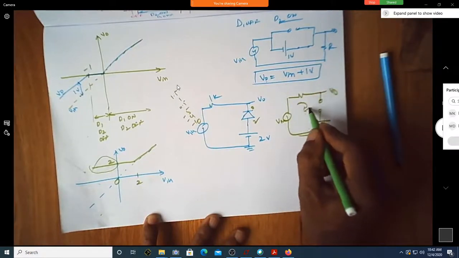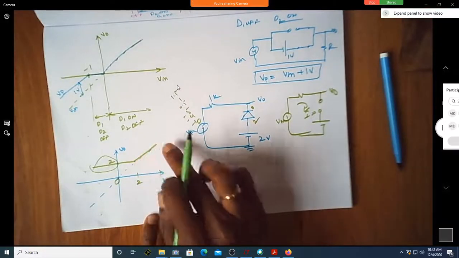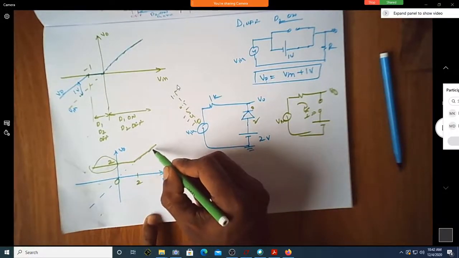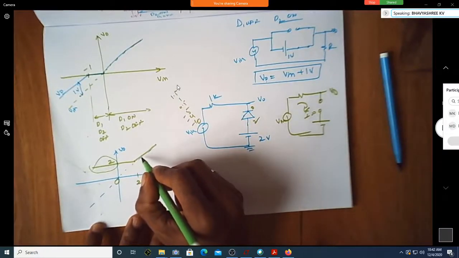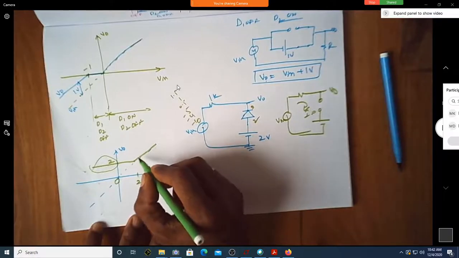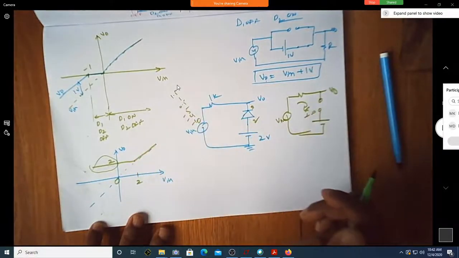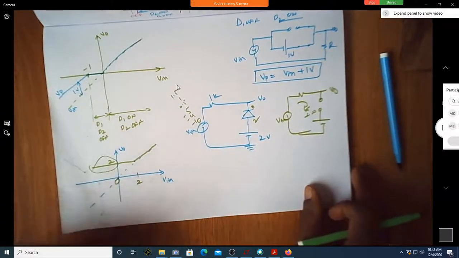There is no current. V in, sir. It is following that line, no? This indicates V naught is equal to the input. It is a slope of 1 where the output is equal to the input. That's why it is following. Correct? Yes, sir.